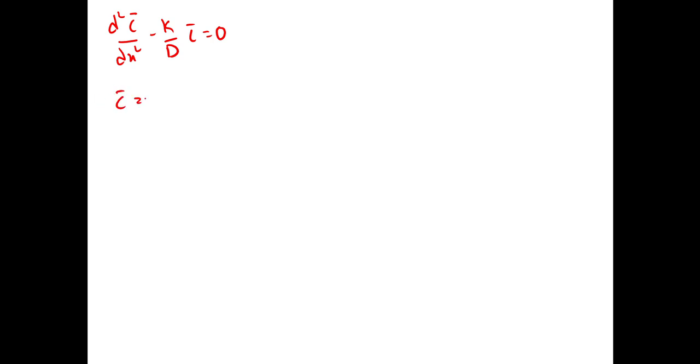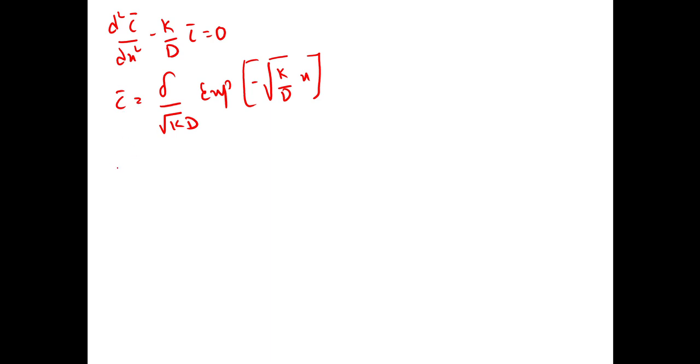C bar equal to delta root kd exponential of minus root k into d x.